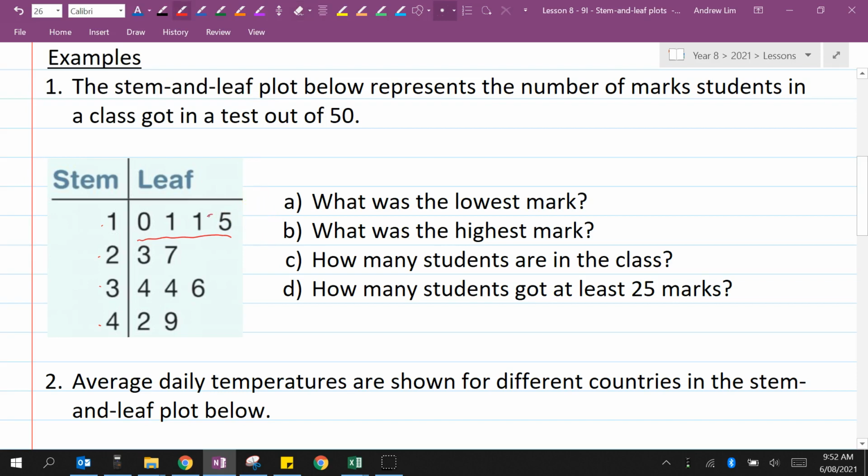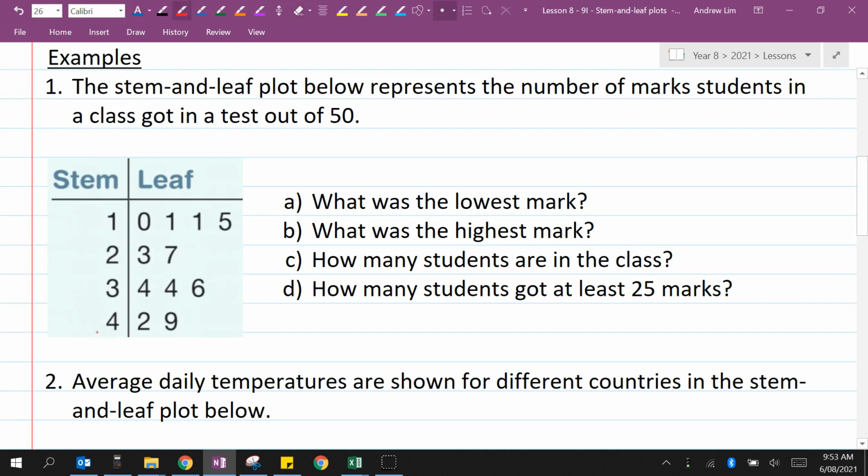I will need to write the 3 between the 1 and the 5. Here we've got 3 and 7 is in order. If I were to write an 8, I have to write it after the 7. If someone got 22, then I have to write a 2 before the 3. Okay, these numbers have to be in order as well.